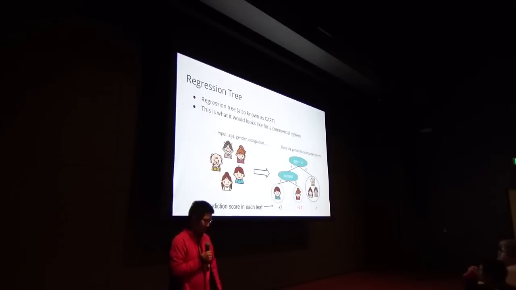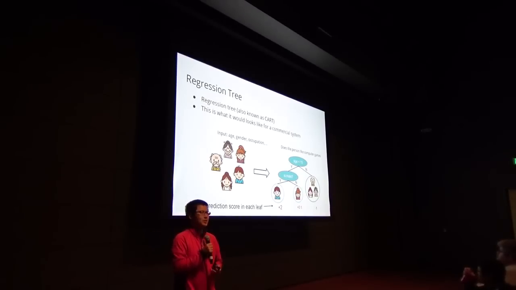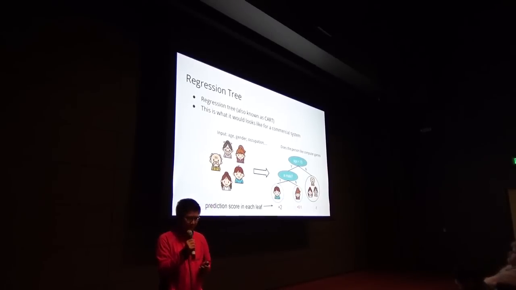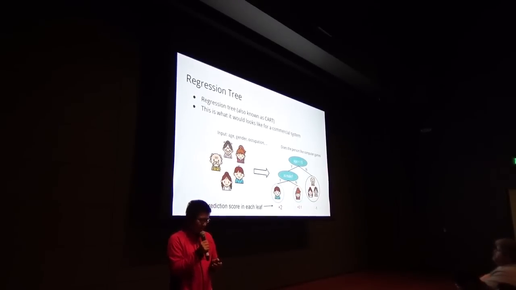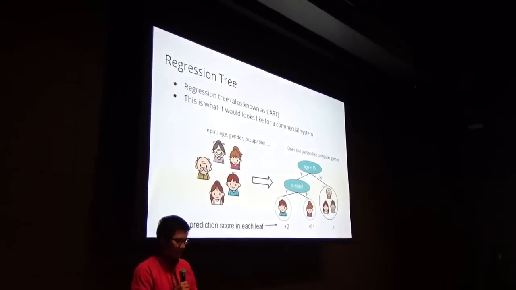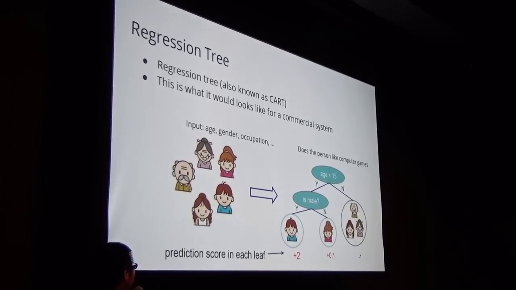So what is a tree-based model? I think many of you have already heard about decision trees. Today we're going to talk about a variant of the decision tree called the classification and regression tree. This is what a typical tree-based model looks like in a commercial system. Assume that you want to do a recommendation to see if this person likes computer games or not.